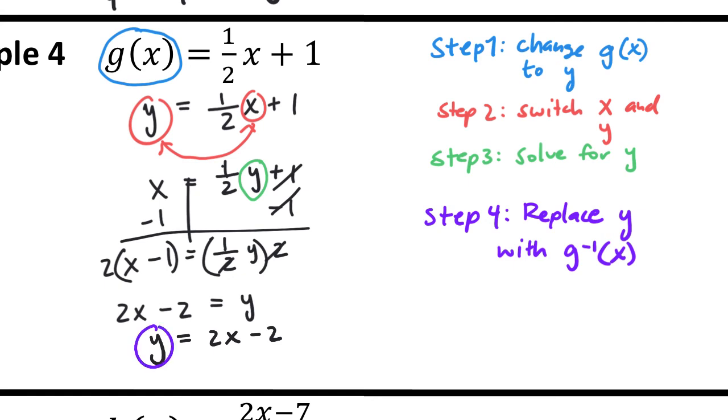So I'm going to replace this with g inverse of x equals 2x minus 2. Okay, and let's do one more.